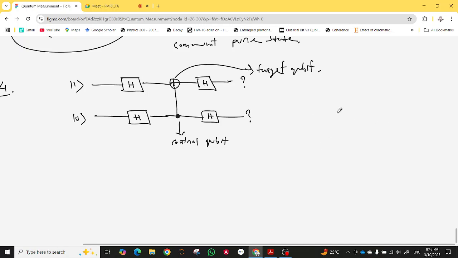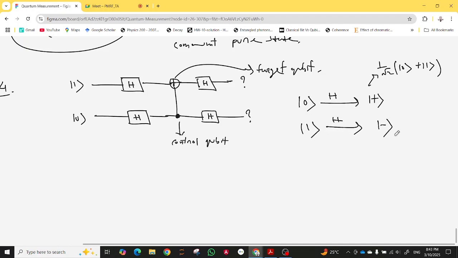And what does the Hadamard gate do? So if you apply Hadamard on 0, what will you get? You will get the plus state, right? Plus means 1 by root 2, 0 plus 1. And if you apply Hadamard on 1, what do you get? You get the minus state, right?